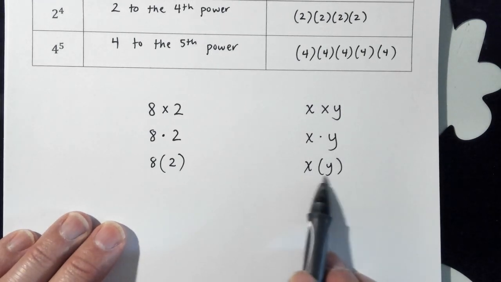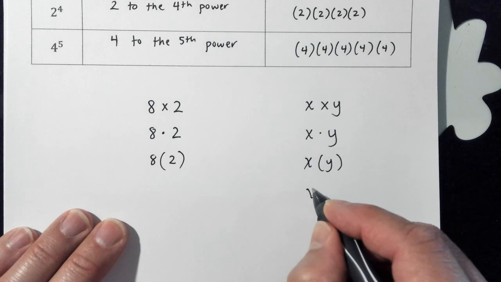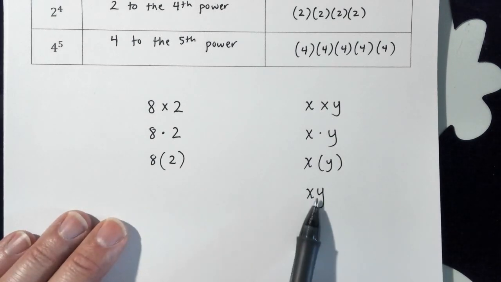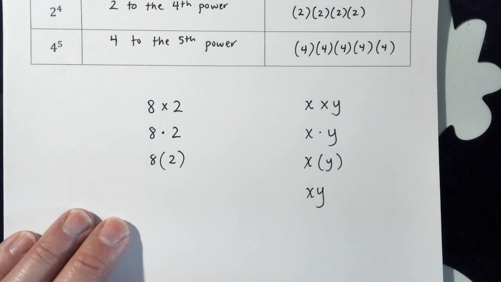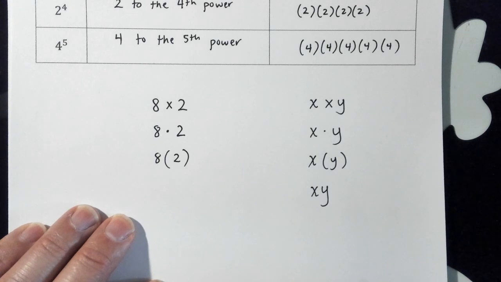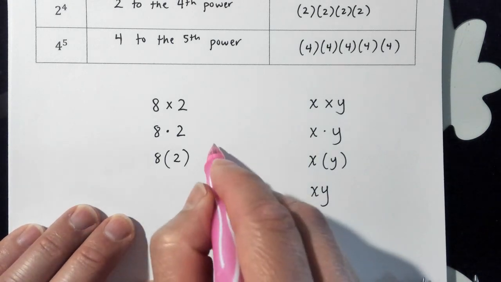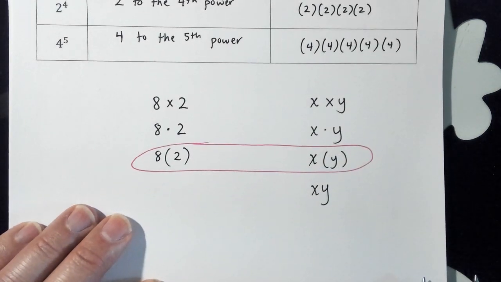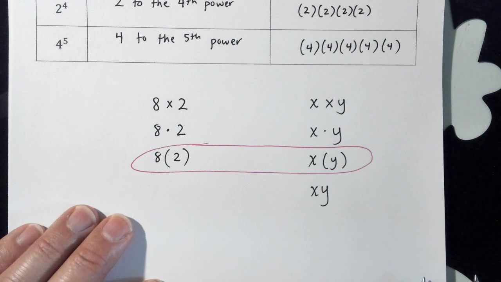When you have letters, you are allowed to just stick them next to each other like that, and it means multiplication. Yeah. This is actually the more preferred way, except for today. This is how, for today, I want you to write multiplication. I want you to use parentheses today. Yeah. Next video, we'll do some algebra.